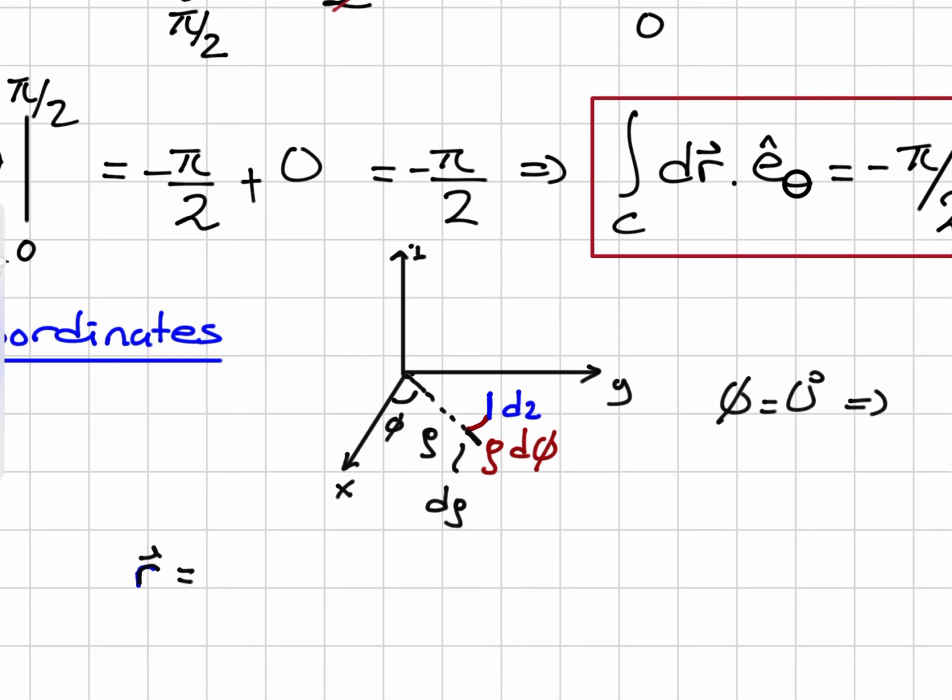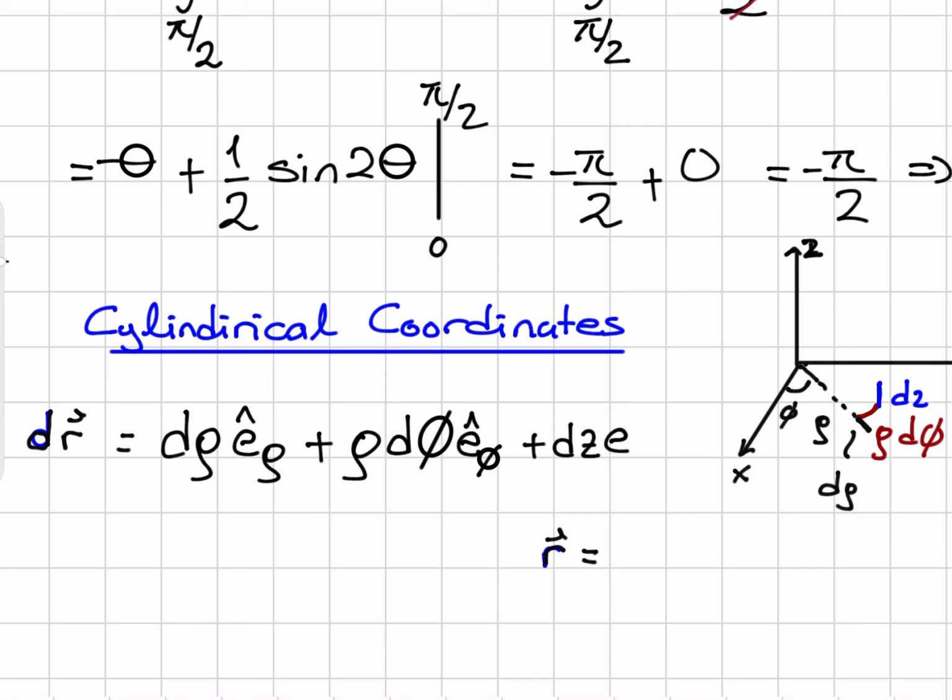So dr vector, now I have determined, is d rho in e rho hat direction plus rho d phi in e phi hat direction, and I have dz in ez hat direction.